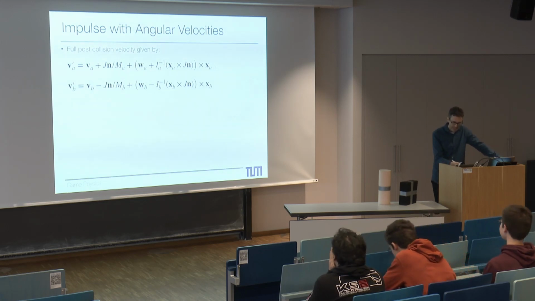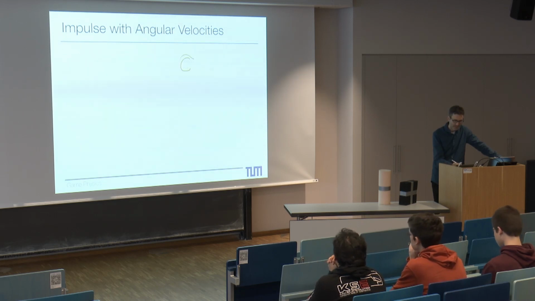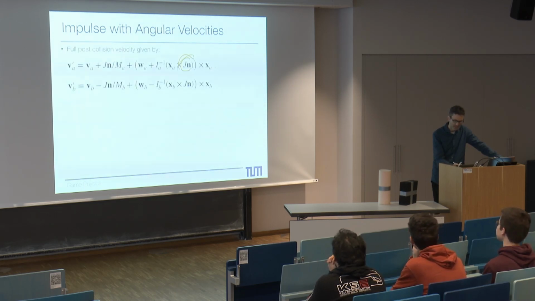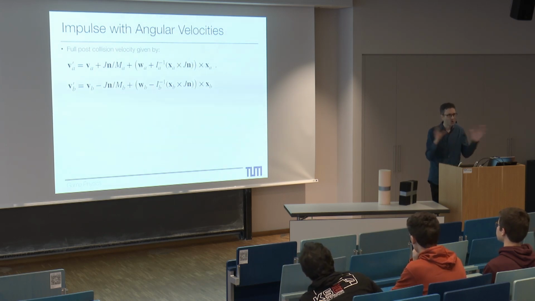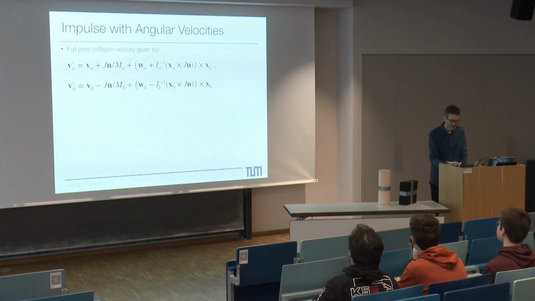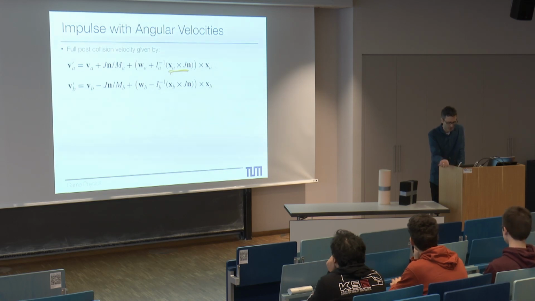So what we have here is first our impulse here. Right, this is just, again, J. Now, J indicates the whole one, linear plus angular, along the normal direction. And if you think back about how we had forces working on our rigid bodies, this is basically like a torque, right?